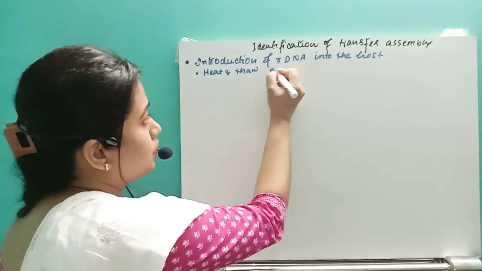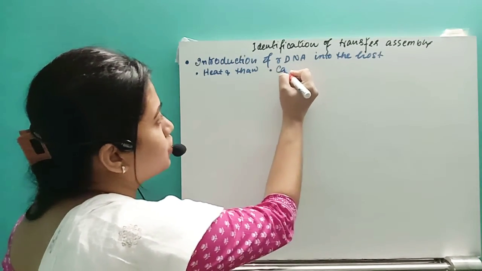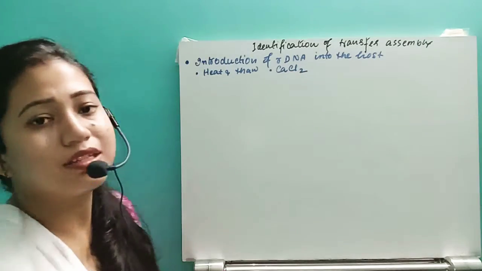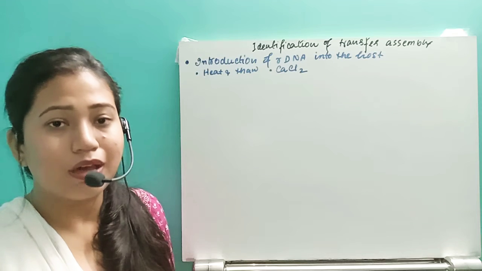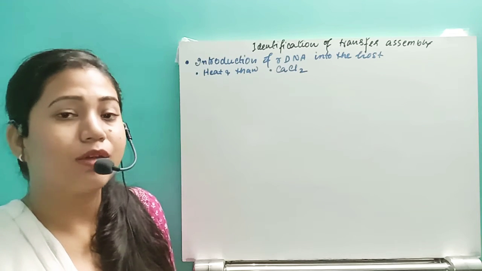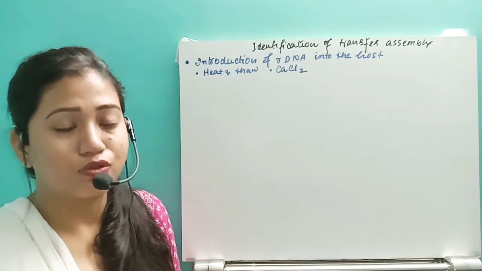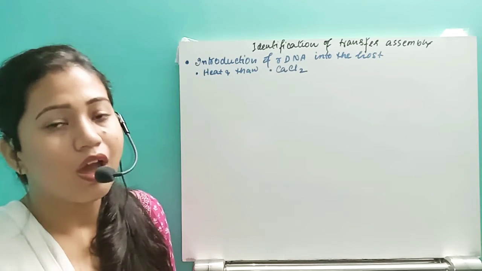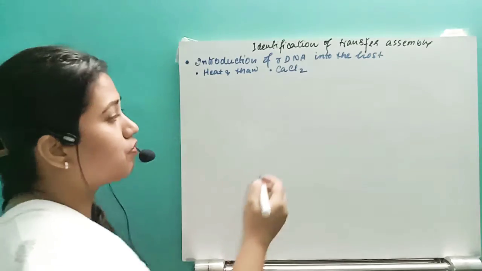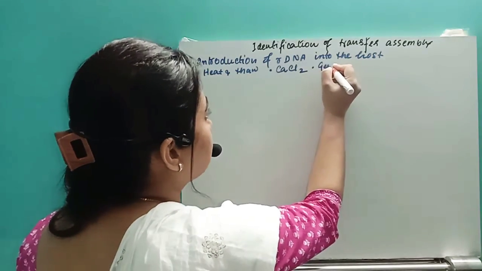Then the next is calcium chloride, a type of divalent ion. We can allow it to increase the pore size of the host, then allow the rDNA to enter inside the host body. Then once again we can make the host a transformant host. Next one, we have the gene gun method.